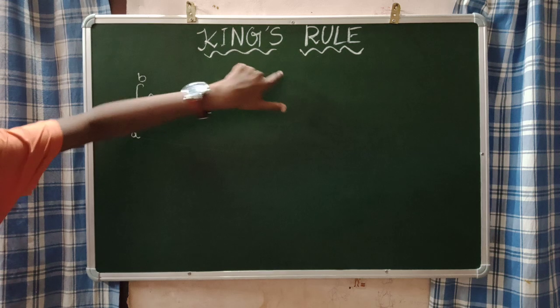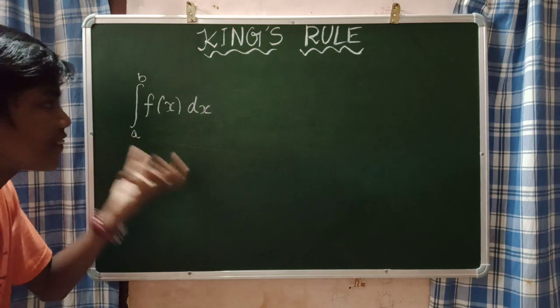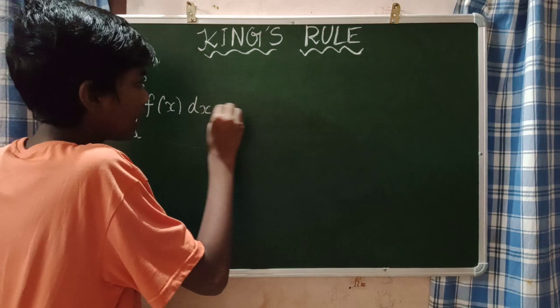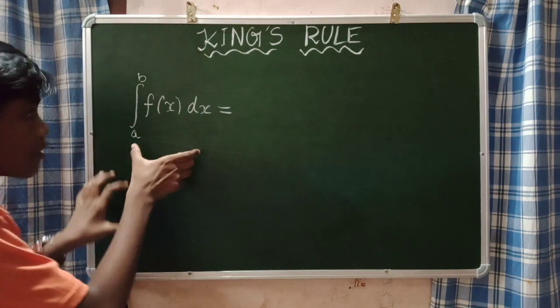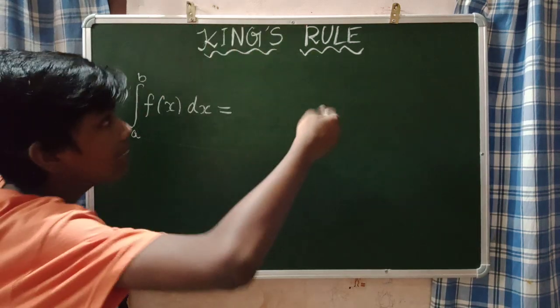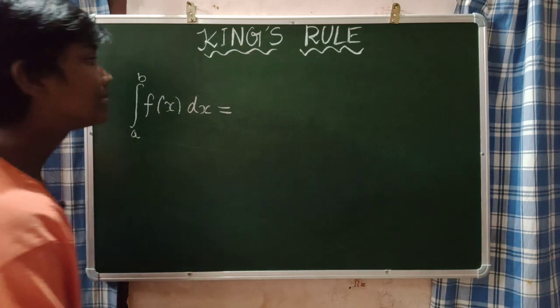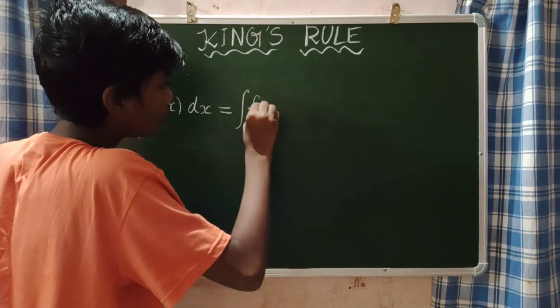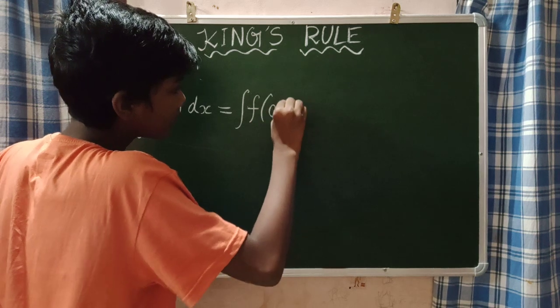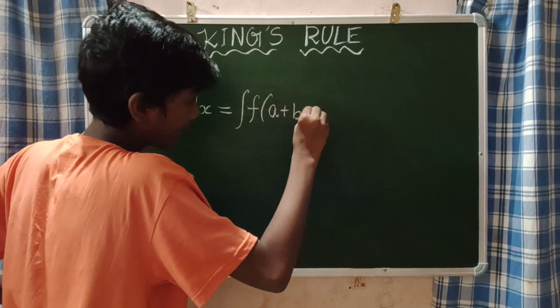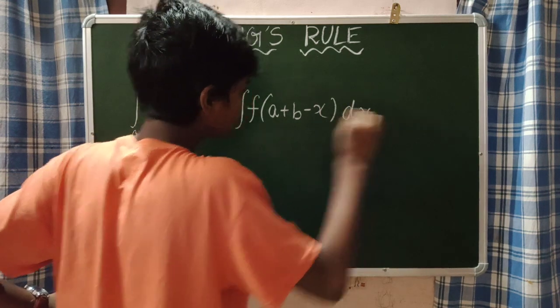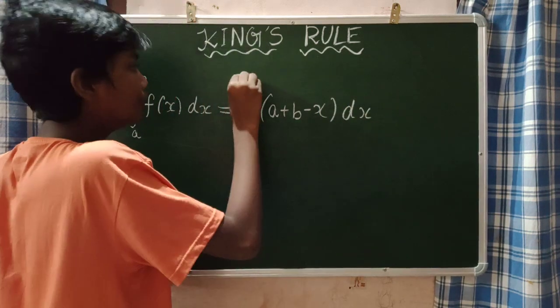Now, using the King's Rule, I can convert this definite integral into another form: the integration of f of a plus b minus x dx from a to b.